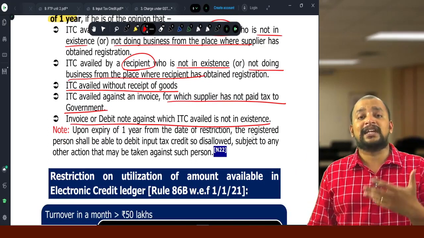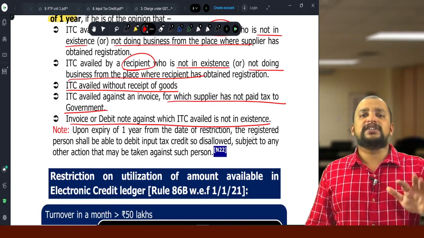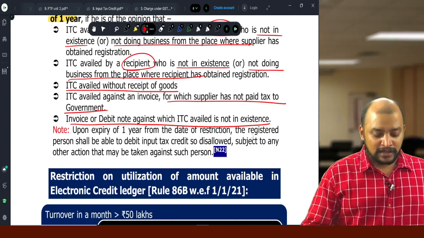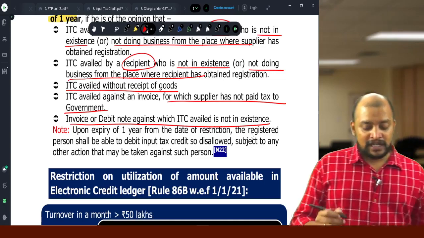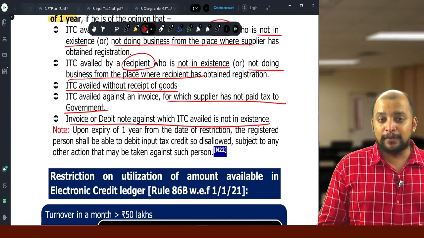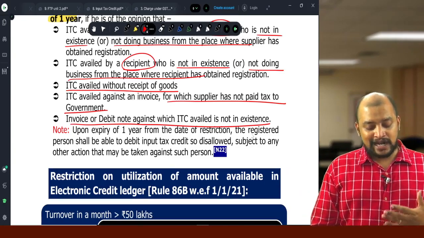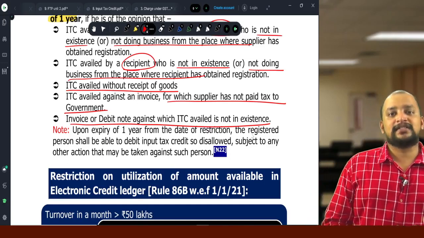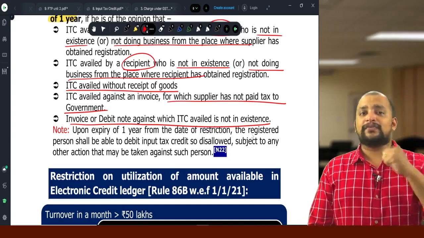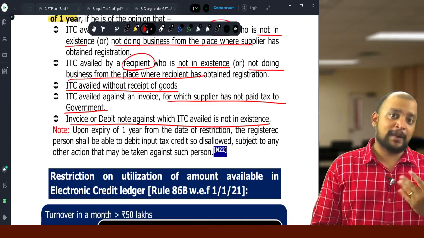Suppose he has taken fake credit, then that fake credit will be rejected by the department. Upon expiry of 1 year from the date of restriction, the registered person shall be able to debit the input tax credit disallowed, subject to any other action that may be taken against that person. Suppose he has taken fake credit, that will be recovered or disallowed permanently.